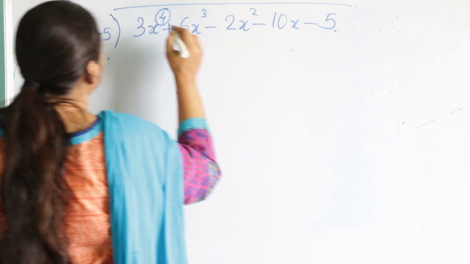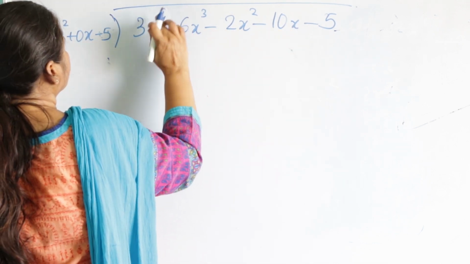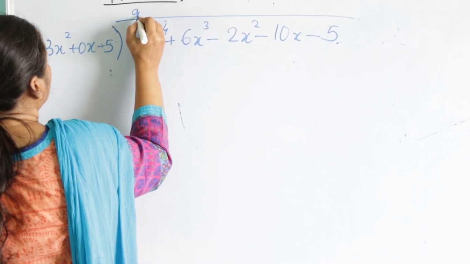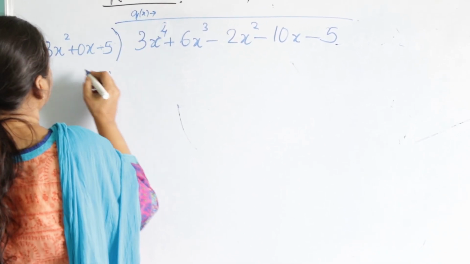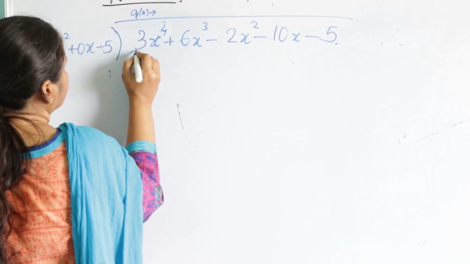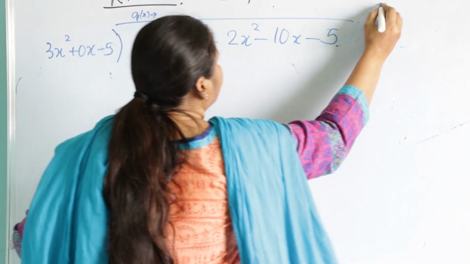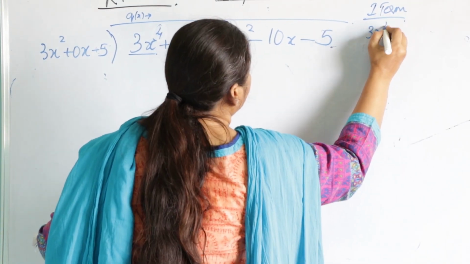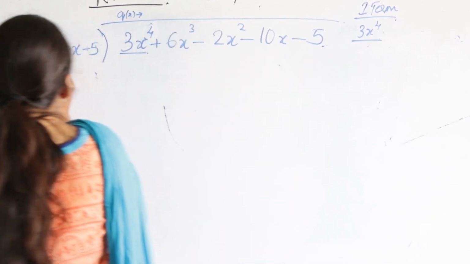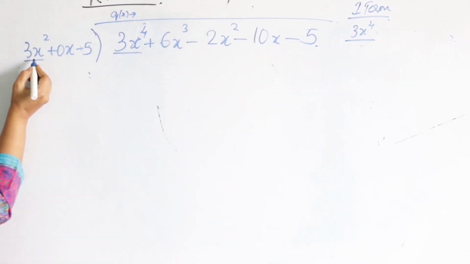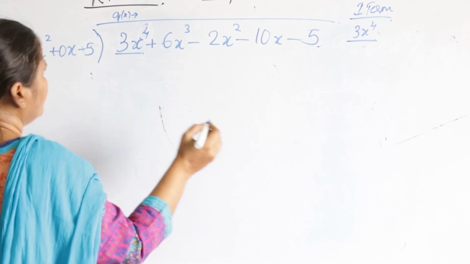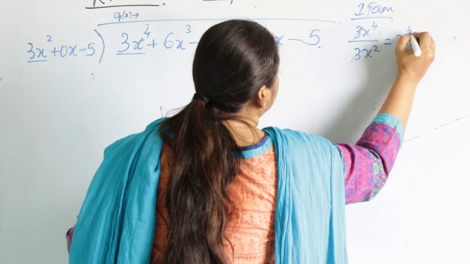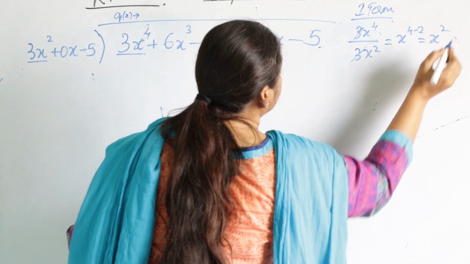So use the usual method of finding q of x. First let us find what our q of x will be. Take this to find the first term. It is 3x raised to 4 divided by the first term of g of x, which is the denominator. 3x square cancels, and x raised to 4 minus 2 is x square.